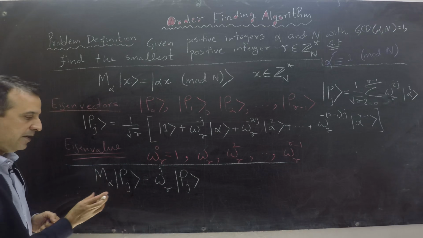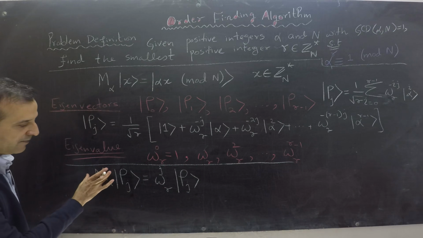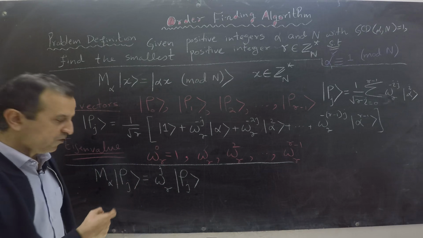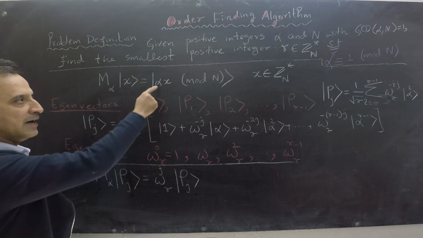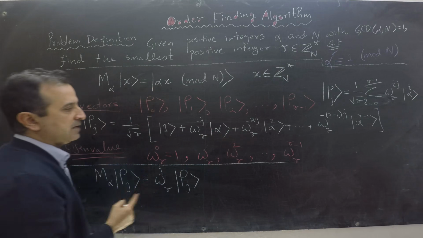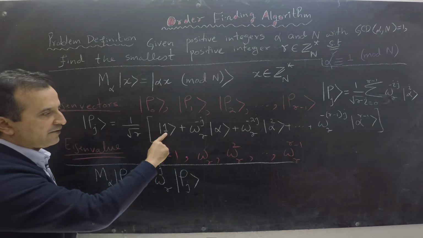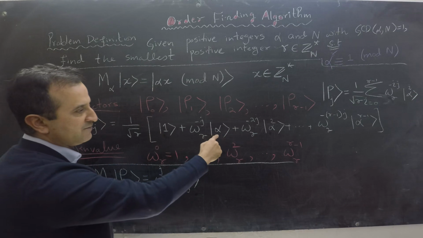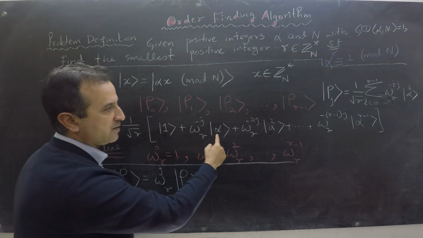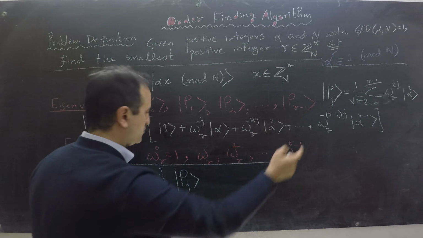Now when I apply my unitary matrix M on rho j, each entry of vector rho j is multiplied by alpha. So this is my rho j here. The first entry would multiply by alpha, so this will become alpha, this will become alpha square, this will become alpha cube, and so on.